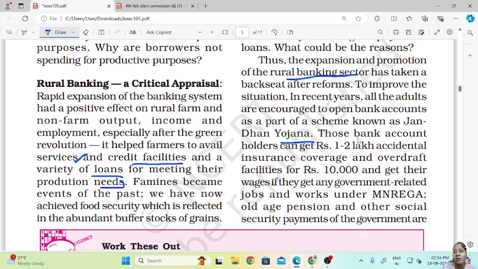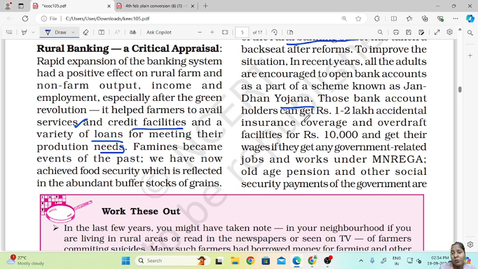All the adults have been told to open a bank account, and under this scheme, Jan Dhan Yojana, those bank account holders can get 1 to 2 lakh accidental insurance coverage and overdraft facilities for rupees 10,000.